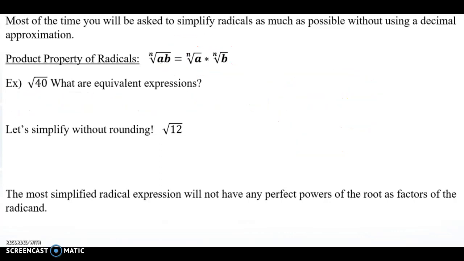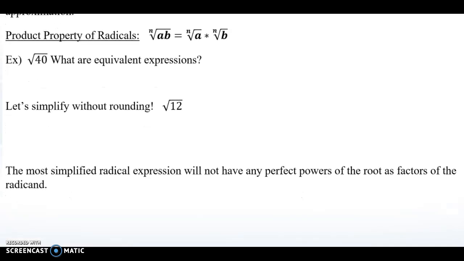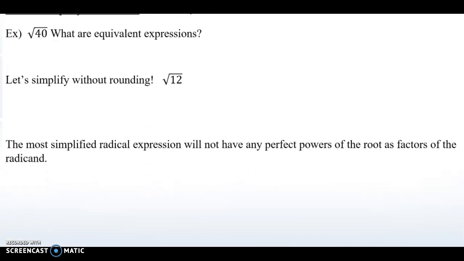The next one here, and I'll come back to that in a second. Let's simplify without rounding. So no decimals anymore, okay? For the rest of the class, no more decimals. The square root of 12. I want to break that apart into 2 square roots. Now what I want you to do, go back to the front page of your notes.